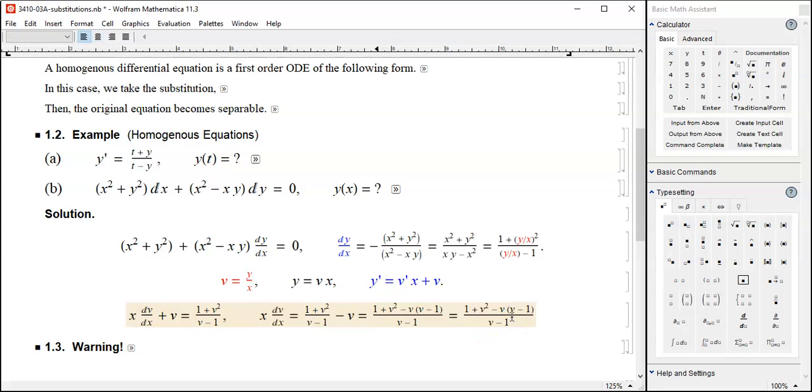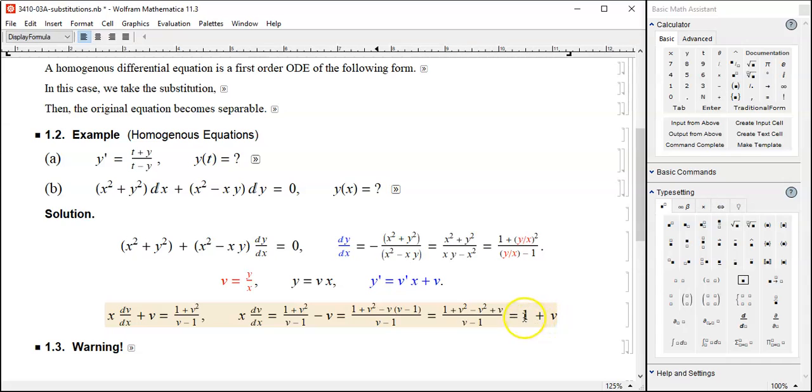After breaking out those parentheses, what do I get? I get v squared plus v. Did I do this right? So after canceling those out, I'm getting 1 plus v, or let me write it as v plus 1.